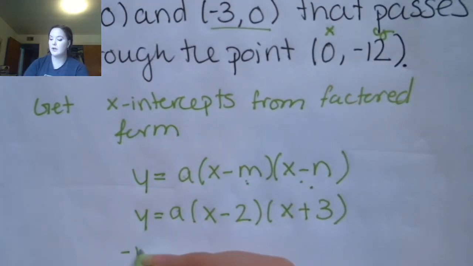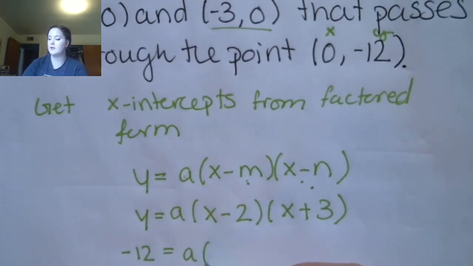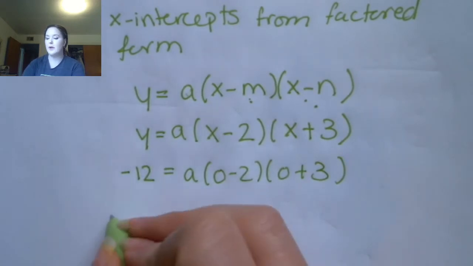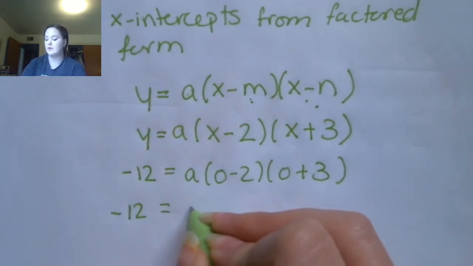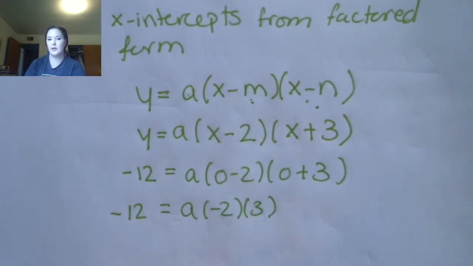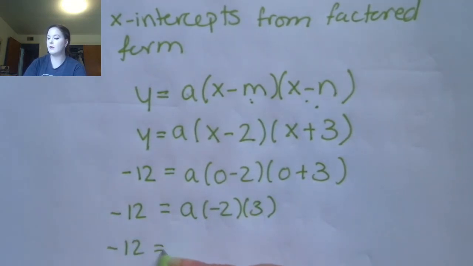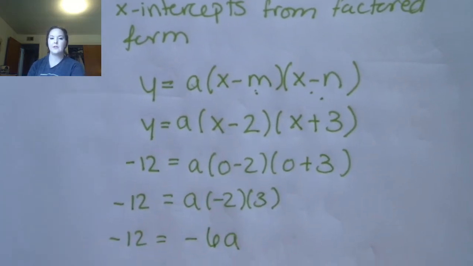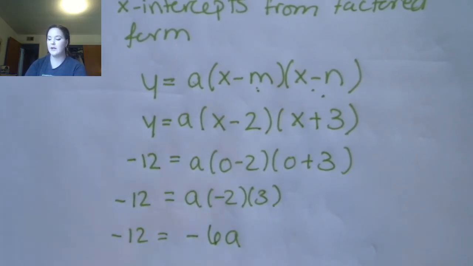We'll get -12 equals a times (0 minus 2)(0 plus 3). So 0 minus 2 is -2, and 0 plus 3 is 3. This gives me -6a, and I can solve this by dividing both sides by -6.